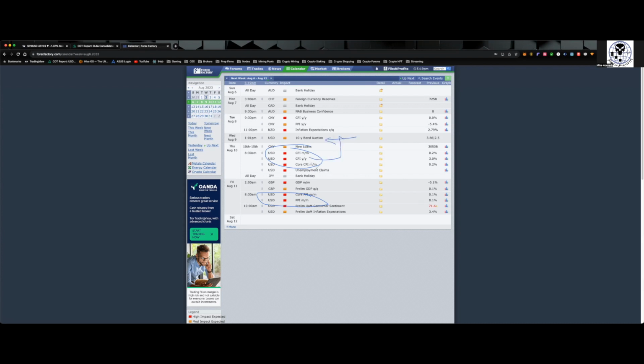But whatever, they want to change it up. I guess that's because we got a couple of holidays and stuff like that. For the most part, it's going to be interesting to see where this inflation data the following week puts us. But I want to be positioned in on some of these crosses to continue with some bullish dollar plays.